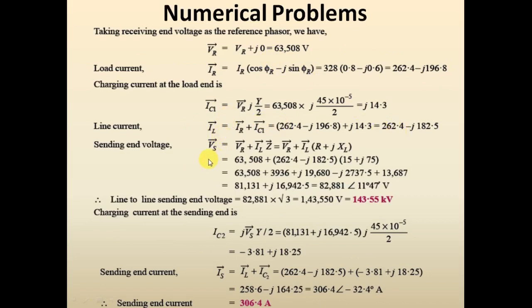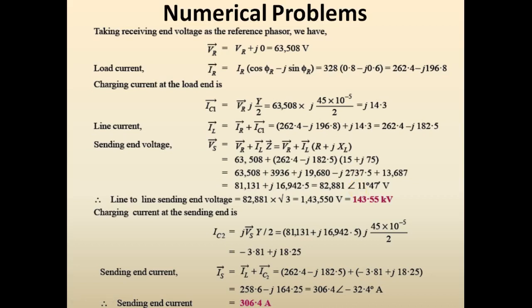And next we will be finding the vector Vs by adding vector VL and vector IL into Z. Make suitable substitutions because all these parameters have already been determined here. Then we will be able to get the value of Vs in polar form as 82.881 angle 11 degrees 47 minutes.